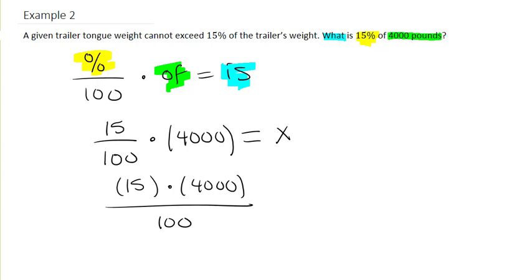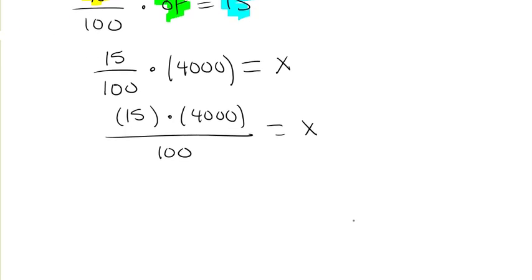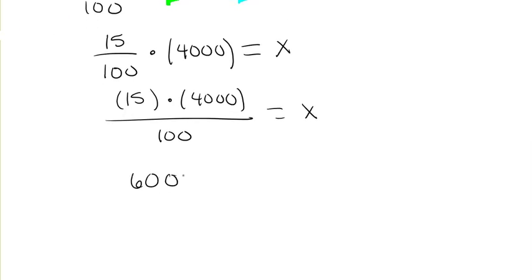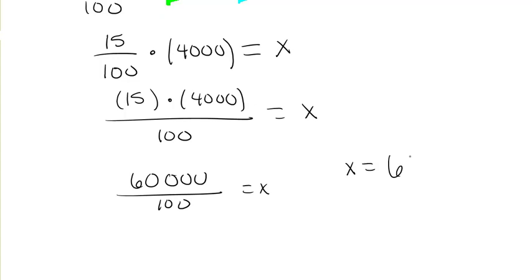So let's get our calculators out, and this is equal to x. So we go 15 times 4,000, and we get 60,000. So we write 60,000, we divide by 100, and that equals x. So now we can divide by 100, and we get 600. And this is in pounds.